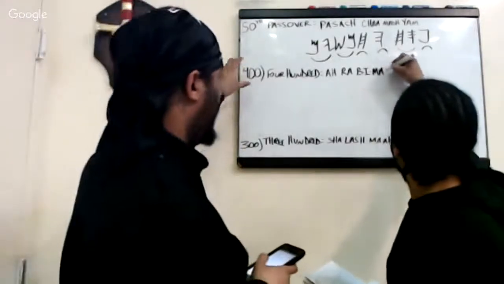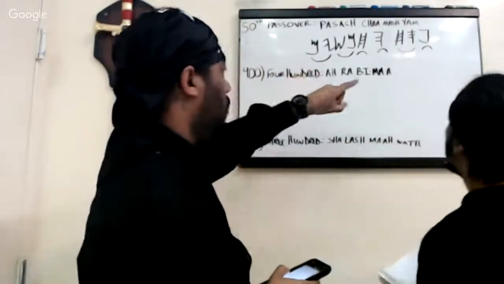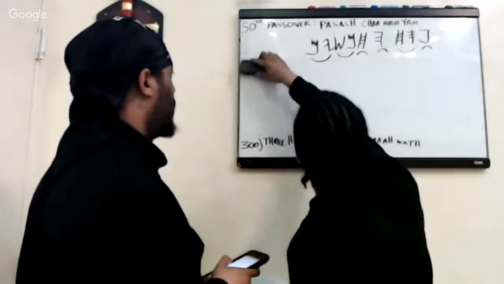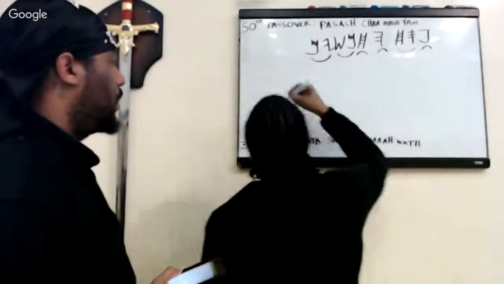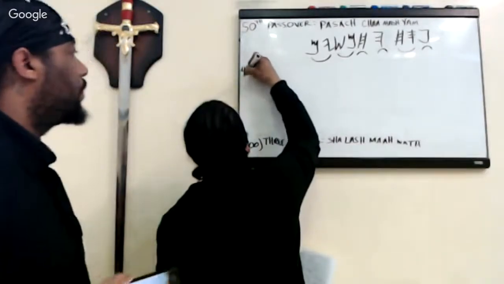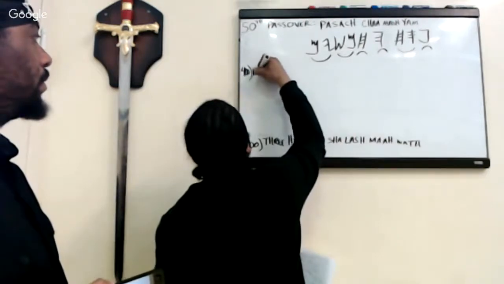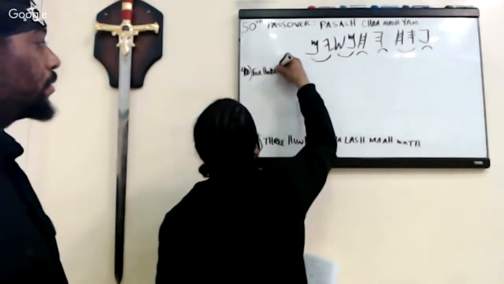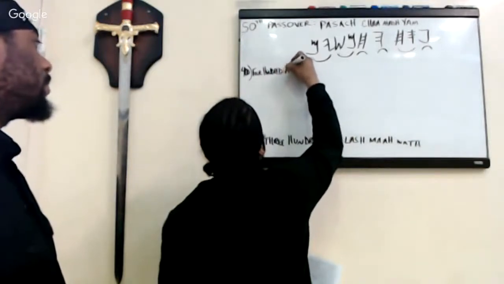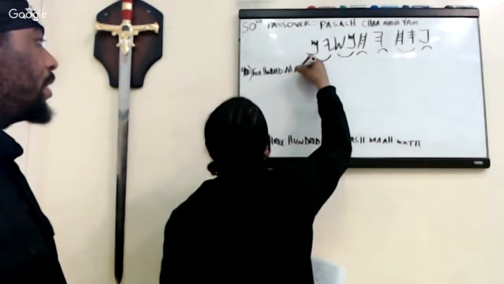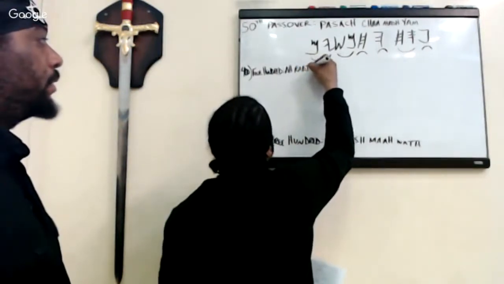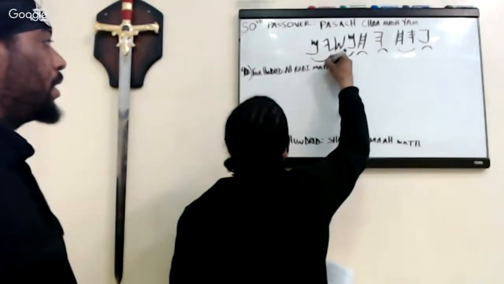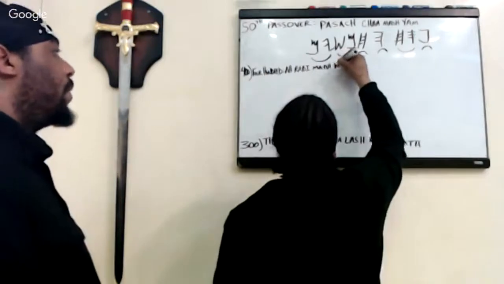All right. These are long words, so you don't want to write that big, or you won't have space to write down the ancient Hebrew. Ra, ba, ma, wa.